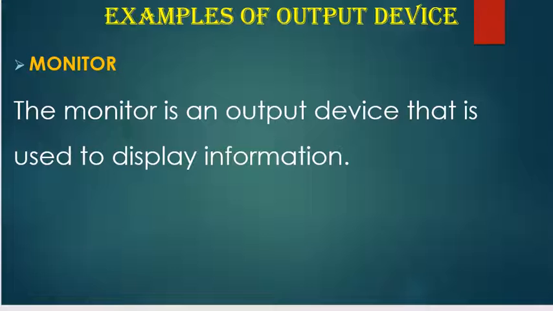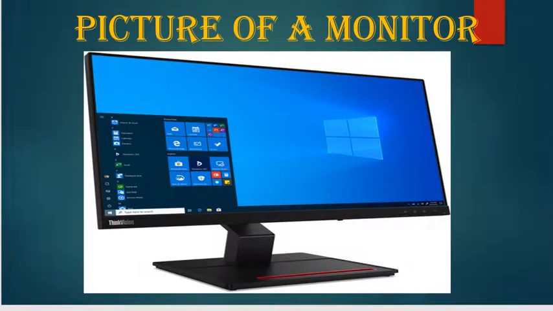Whatever we do on a computer is being displayed on the monitor screen. Okay, an example, if you are watching a movie from a CD, that movie will display on the monitor screen. So the monitor displays information. Okay, so this is an example of an output device. Now let's have a look at how a monitor looks like. So this is how a monitor looks like.